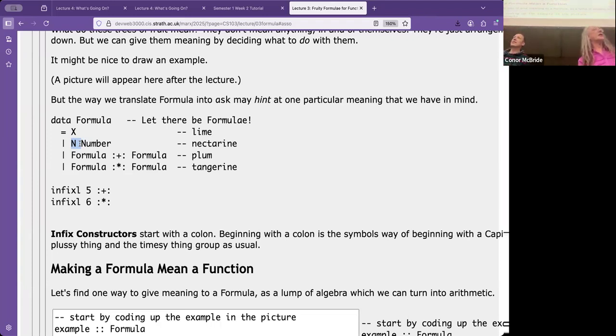Informally we just write numbers down, but formally we have to notice that we are making a formula out of a number.